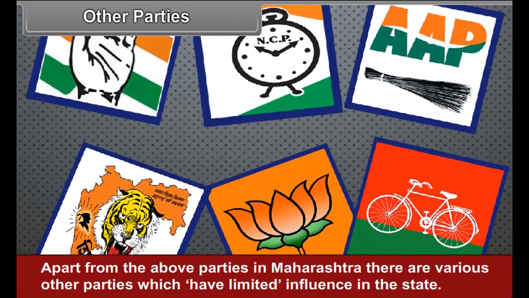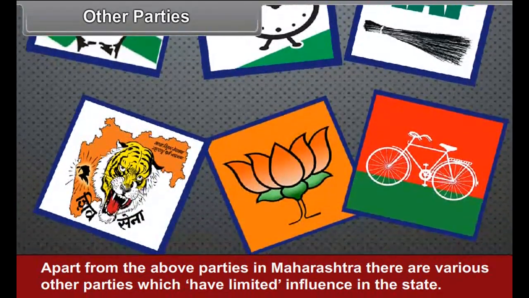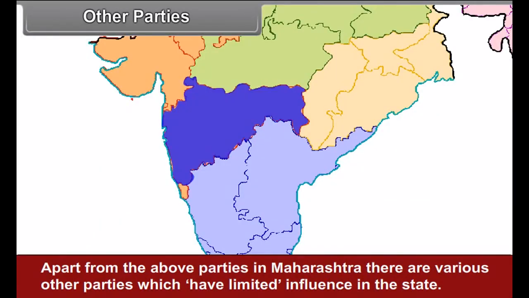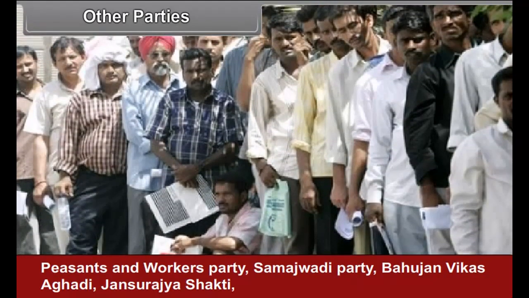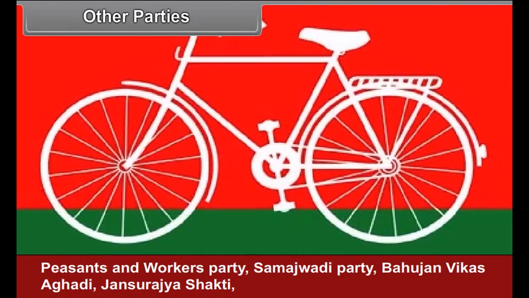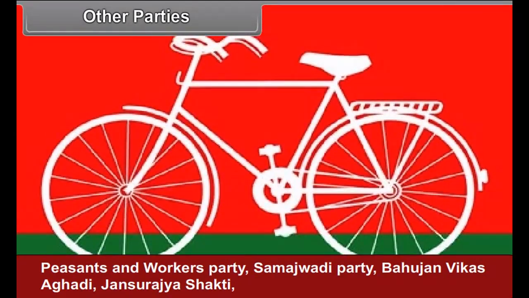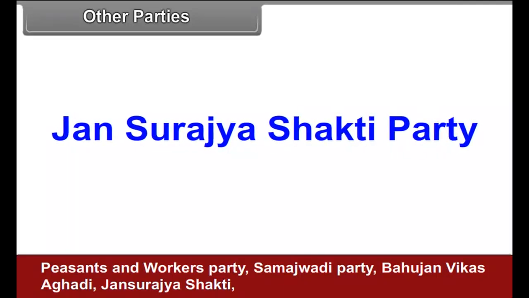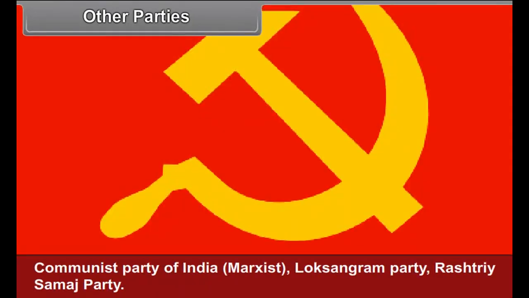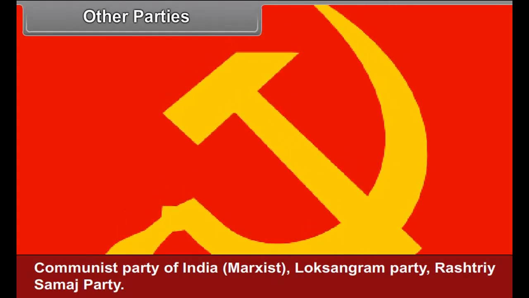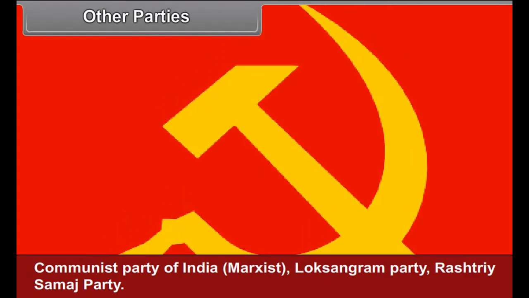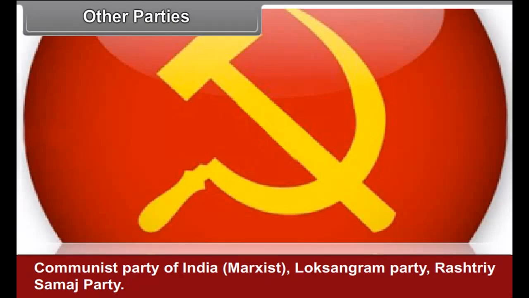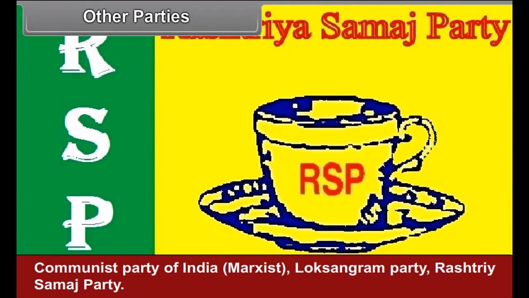Apart from the above parties in Maharashtra, there are various other parties which have limited influence in the state. Peasants and Workers' Party, Samajwadi Party, Bahujan Vikas Aghadi, Jan Surajya Shakti, Communist Party of India, that is the Marxist, Lok Sangram Party, Rashtriya Samaj Party.